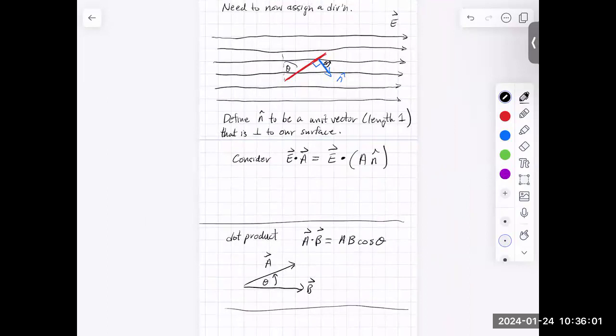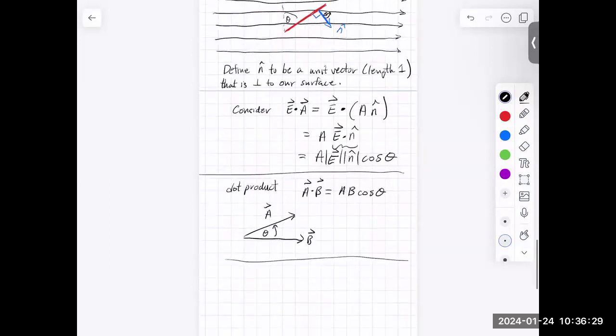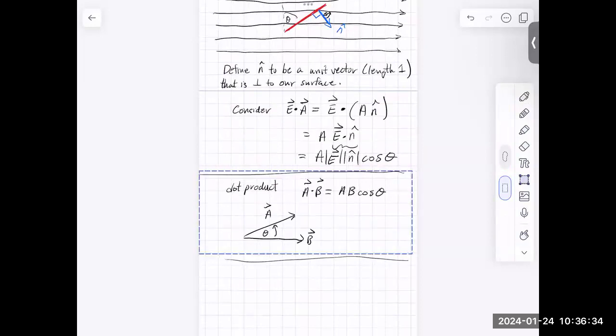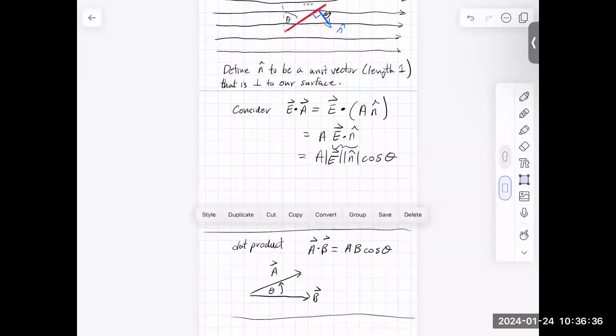So we could say that's the same thing as A E dot n hat. But you just told me that this dot product is the magnitude of E, times the magnitude of n hat, times cos theta. I'm going to see if I can give myself a bit more space here. Let's move this down. All right.